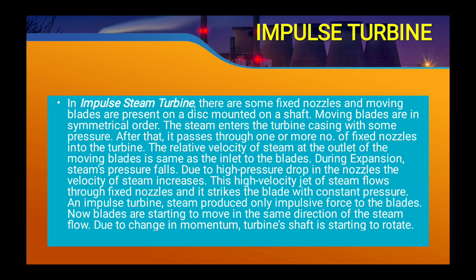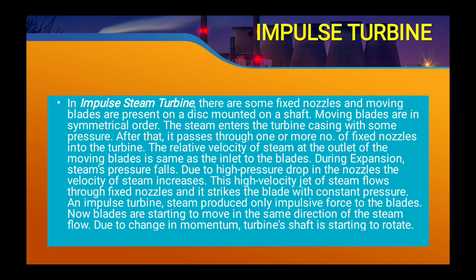And this nozzle converts the potential energy into kinetic energy, and hence it is supplied to the turbine blade. The relative velocity of the steam at the outlet of the moving blades is the same as at the inlet to the blades. During expansion, steam pressure falls.